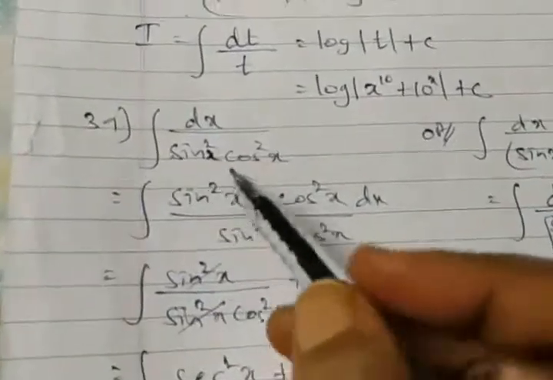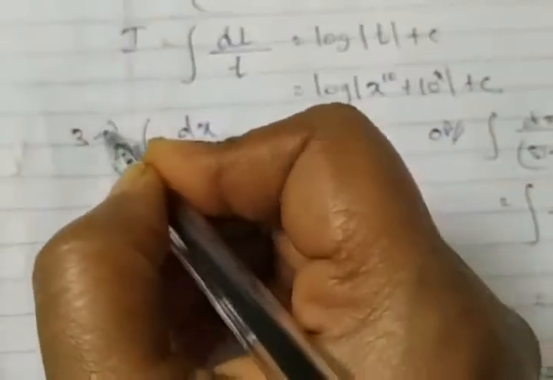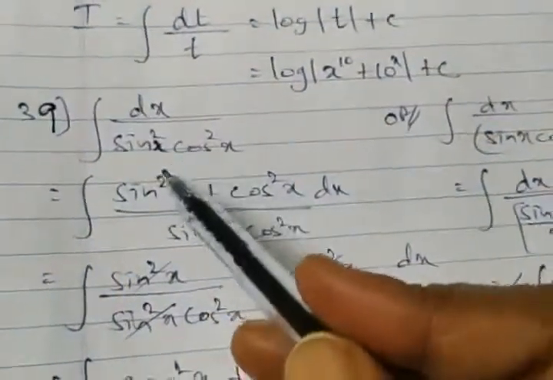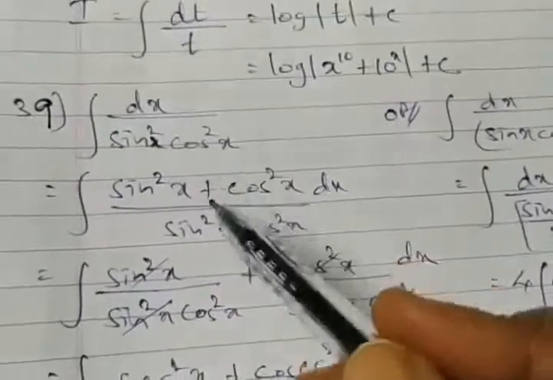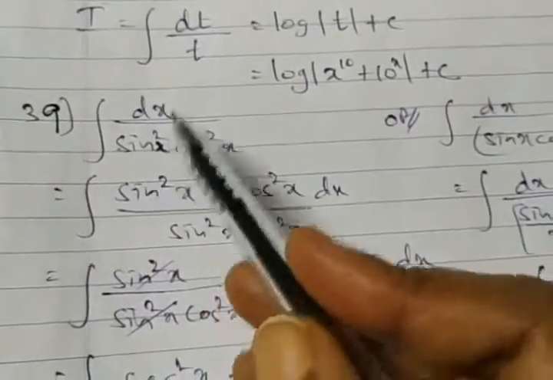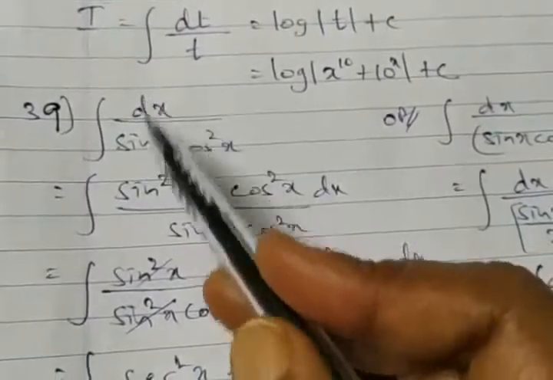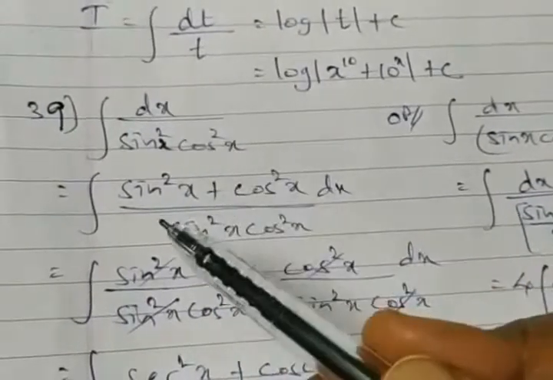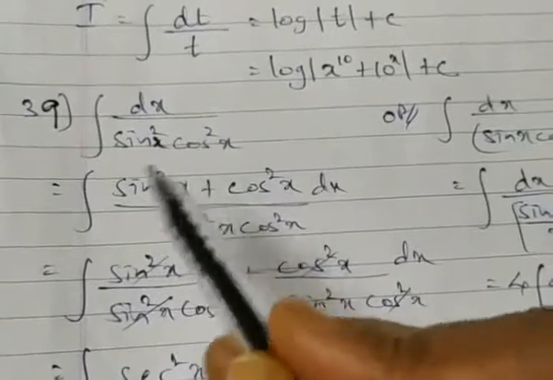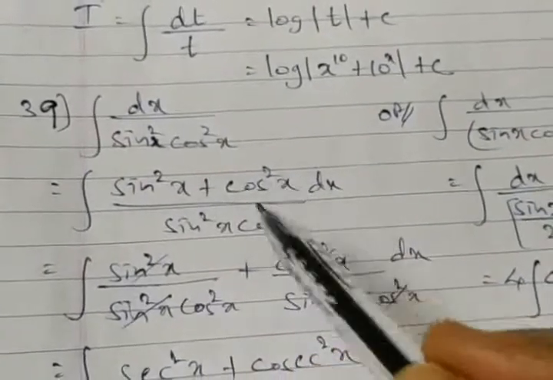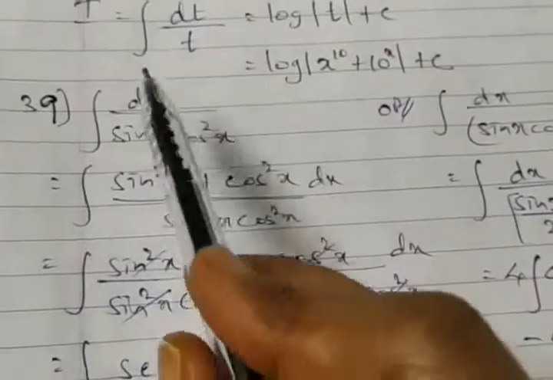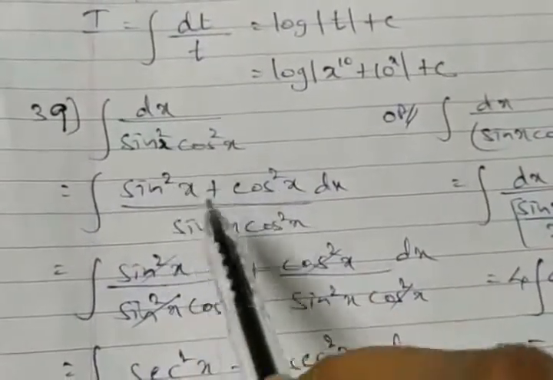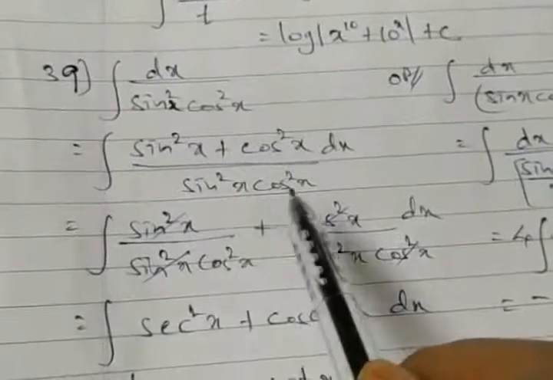39th question. Integration of dx upon sin square x into cos square x. In the numerator nothing is there, which means 1 is there. For sin square and cos square there is a special result in our trigonometry. What is that? Sin square theta plus cos square theta equals 1. So 1 can be taken as sin square x plus cos square x in the numerator, denominator sin square x into cos square x.